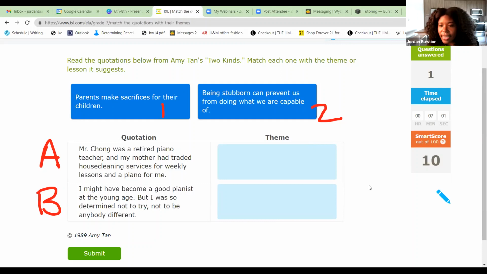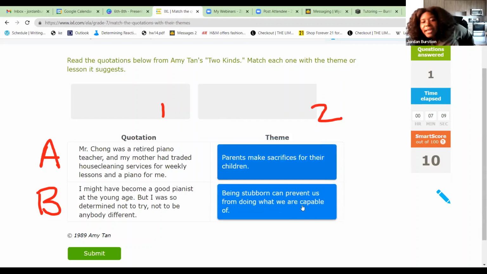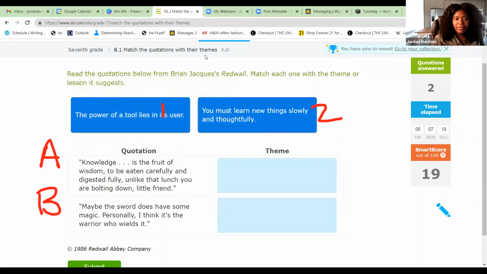Okay, so it looks like you all agree with each other, and I think I agree with you both as well. Yeah, so parents make sacrifices for their children, and being stubborn can prevent us from what we are capable of. Very good.